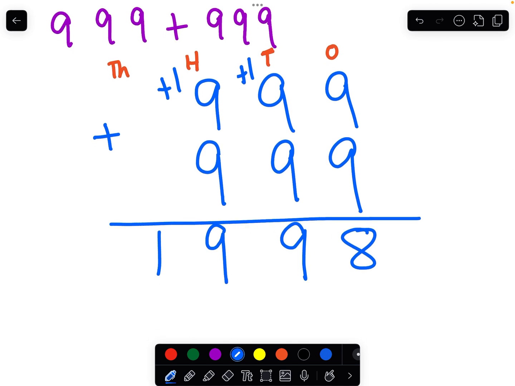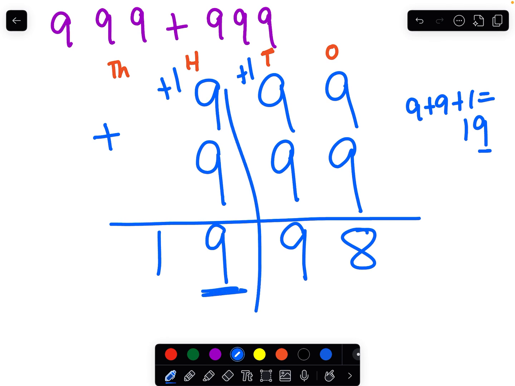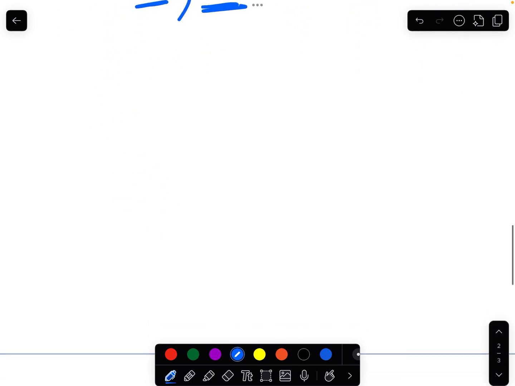Now you'll notice that when I added this group, I had 9 plus 9 and then plus 1, which equals 19. What I did was I took the 9 and dropped it right in this column, and then I moved this 1 over to the thousands place because there was nowhere to regroup. There's no number before this 9. And so now we have 1,998.